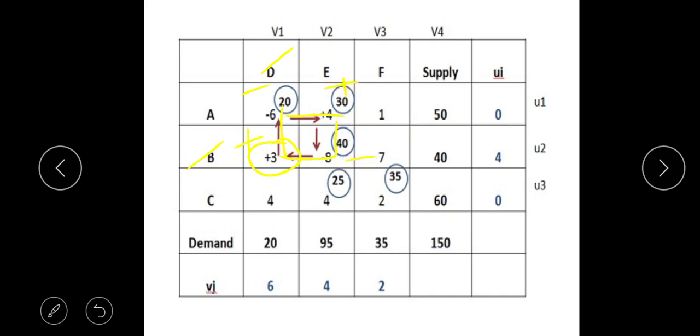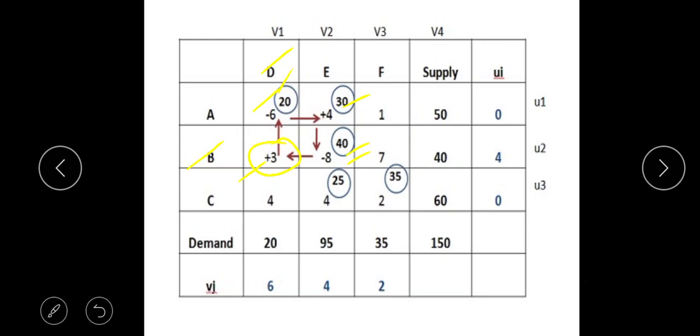Now among the minus values, find out which is the lowest. Among 20 and 40, which is the lowest? 20. So among 20 and 40, the lowest is 20. So we have to add 20 wherever there is a plus sign and deduct 20 wherever there is a minus sign.